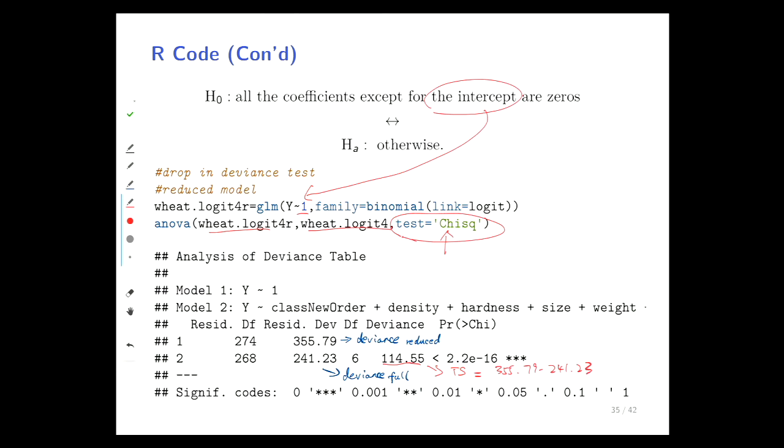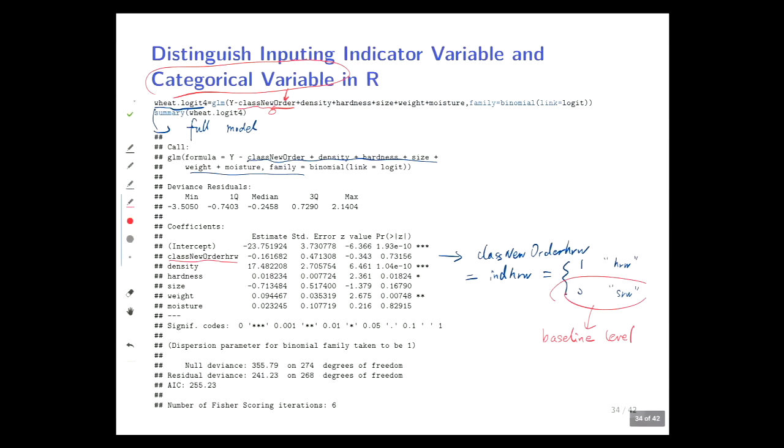And we need to compare it to the chi-square distribution with the degrees of freedom being the number of coefficients being tested. So how many coefficients are we testing here? You need to count, because the reduced model only has one coefficient, which is the intercept.